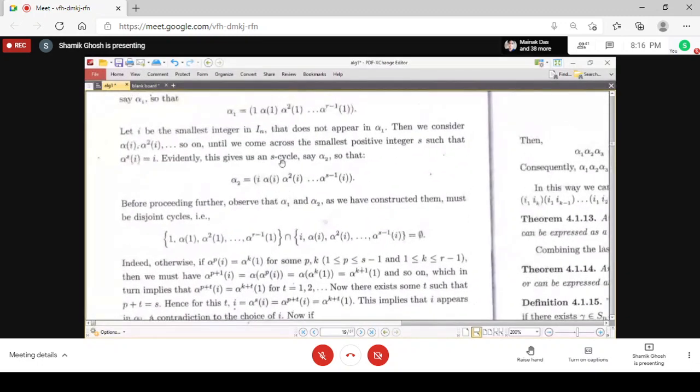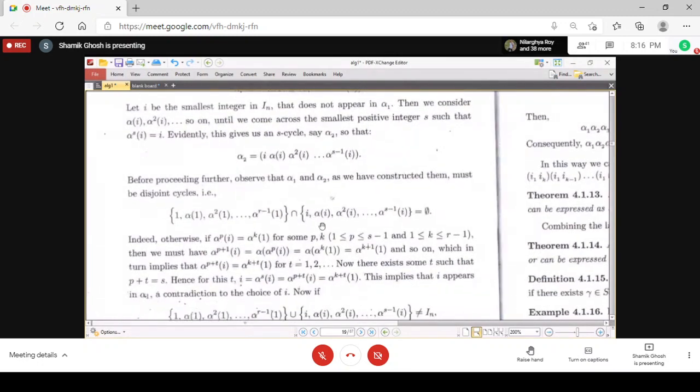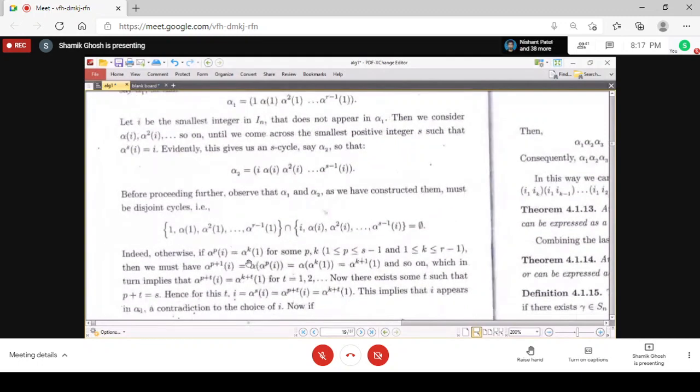If we have one cycle, 1, alpha, alpha square, up to alpha to the power r minus 1, that is an r-cycle. And similarly, if you get another s-cycle, there should be no common element between them, because if there were some common element, then after repeated application of alpha, you ultimately get the element where you started, that is 1.